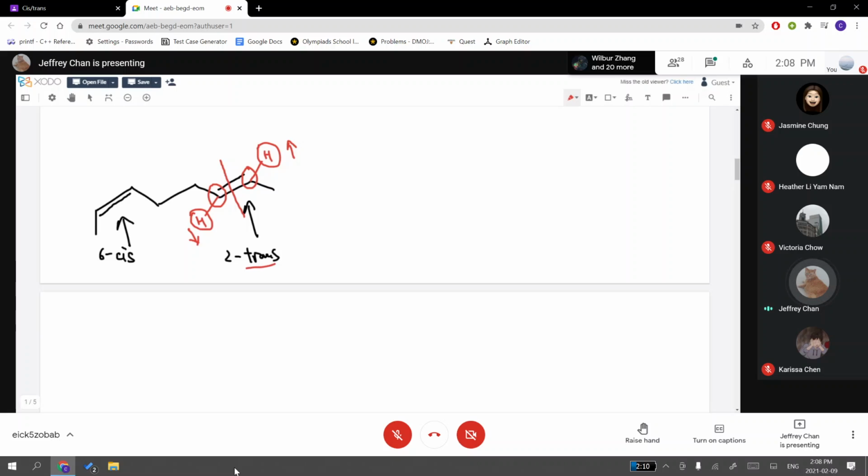So it's a cross, hence trans. I can do the same thing on the other side. The other side I told you already is cis. So you want to cut it open and look at the different attachments on these 2 carbons. In this case, the smaller ones are both pointing in the same direction, hence cis. That's how you do cis or trans.